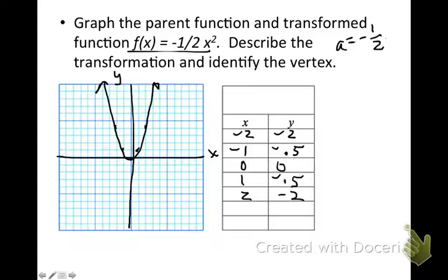So now let's graph this, and I'm going to graph it in red so you can see the difference. So negative 2, negative 2, negative 1, negative 0.5, 0, 0, 1, 0.5, and then 2, positive 2.